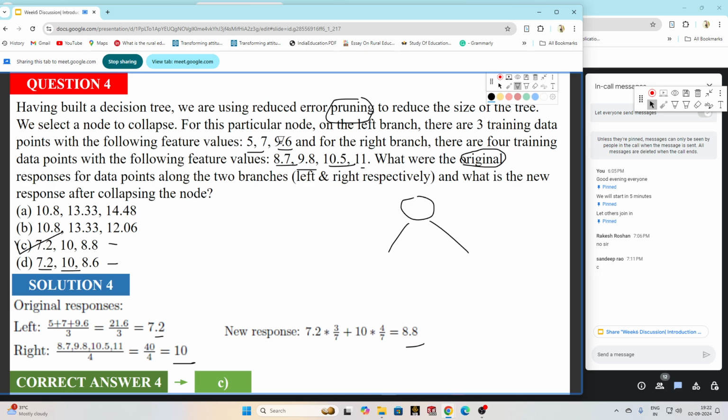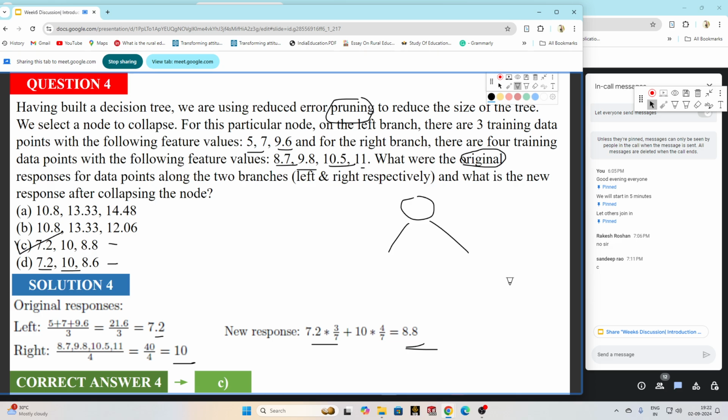Here we have 3 examples with a mean, so our weighted sum will be 3 by 7 into this. Now here we have 4 examples, that is why our weighted sum will be 4 by 7 into the mean of this, that is 10. So that is why our new response comes to 8.8. So option C is your correct answer.